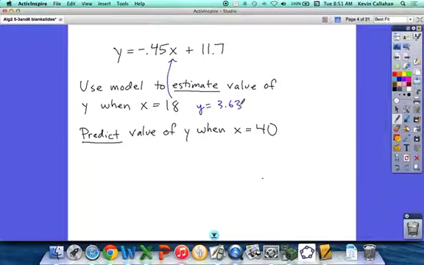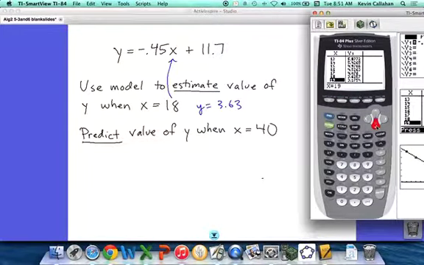Okay, how about if I wanted to know the value of y when x equals 40? Again, you either plug it in there and calculate, or go to your table of values, and you're going to have to go down to 40. There we go.